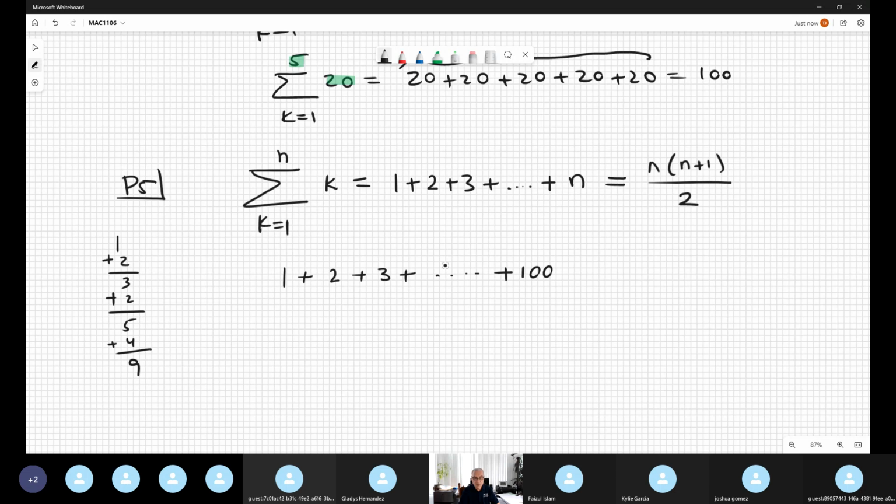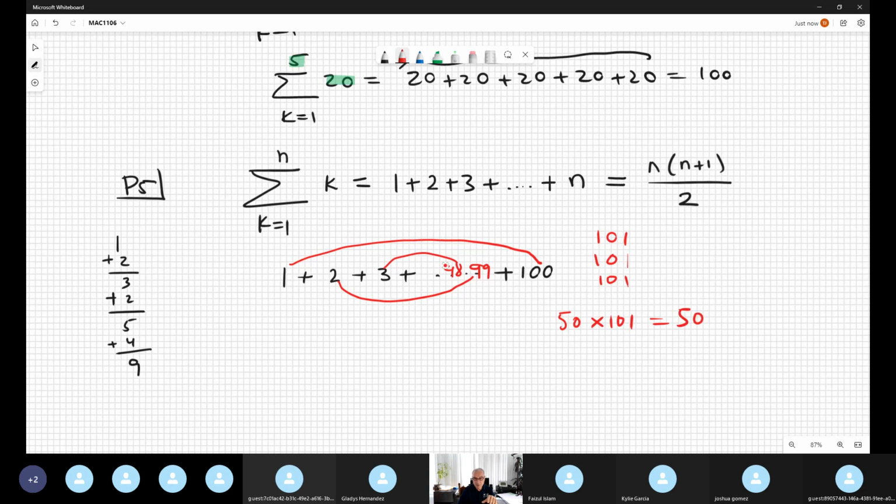I spend a lot of time doing this. However, the genius did it a different way. Look, let me show you how. You take the first and the last: 100 and 1 is 101. You add this and this, 99 and 2, and again it's 101, right? And of course the previous ones, 98 and 3, added is 101. Then we can select 50 pairs, 50 pairs multiplied by 101, which by the way is 5050, and the genius did this in 1 second.